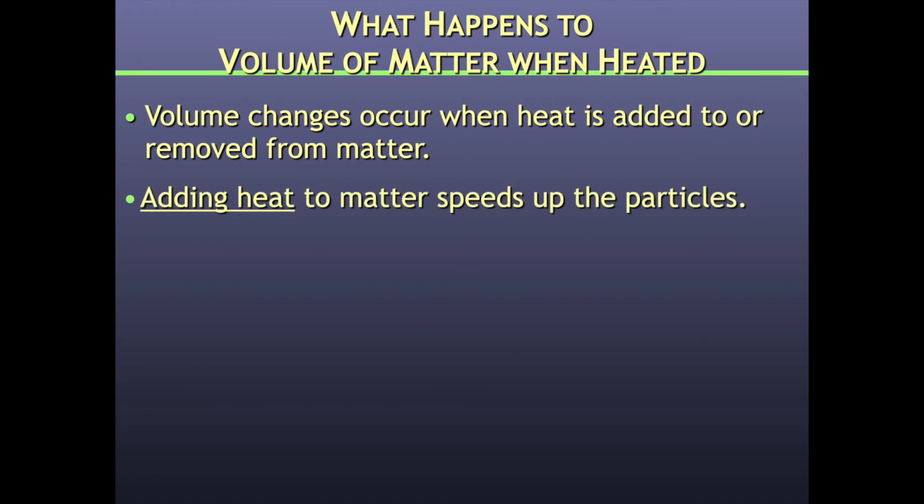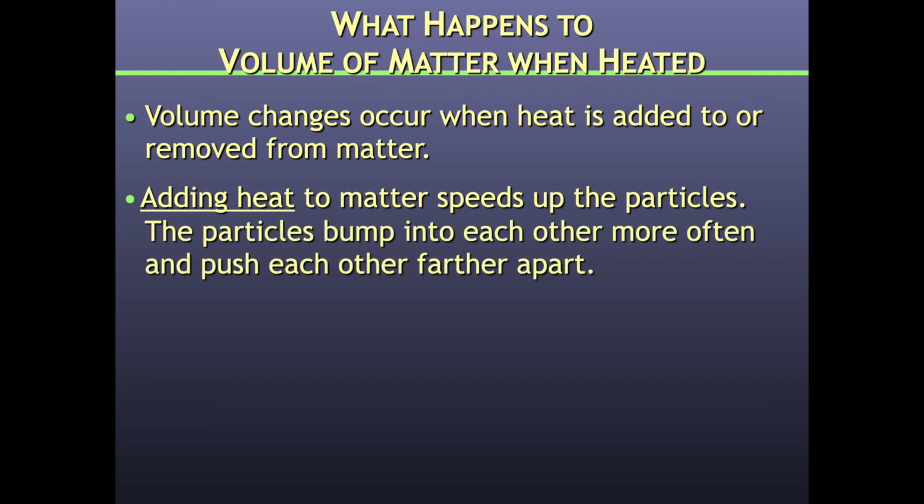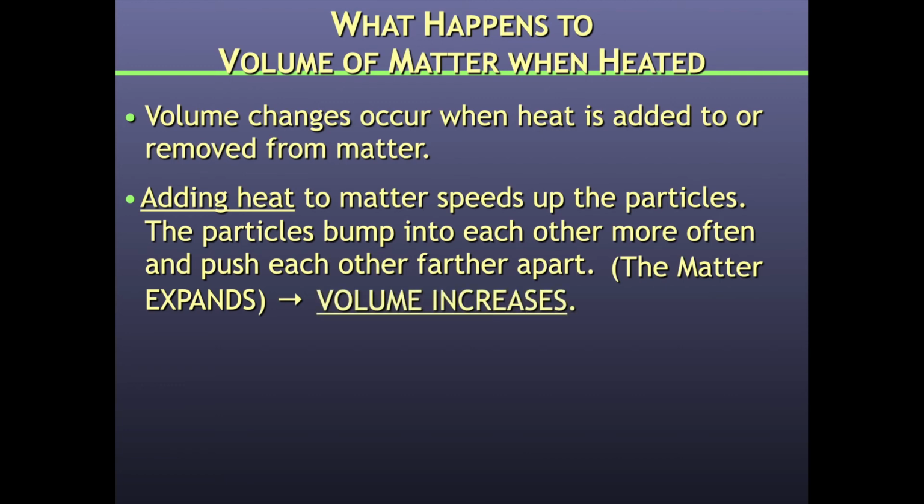So adding heat to matter causes the particles to speed up and move farther apart, and they bump into each other more, which also helps them to move farther apart. And what we say here is that the matter expands, and that means that the volume gets bigger, or the volume increases.